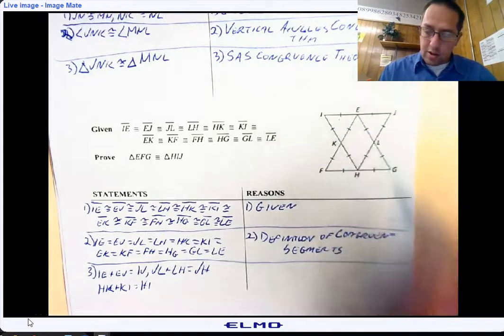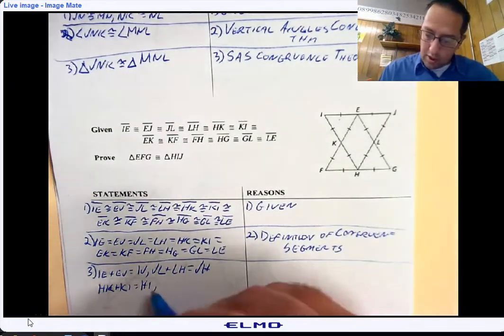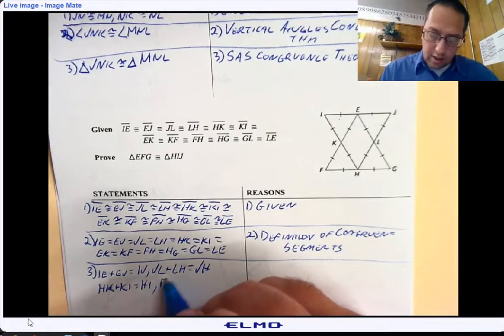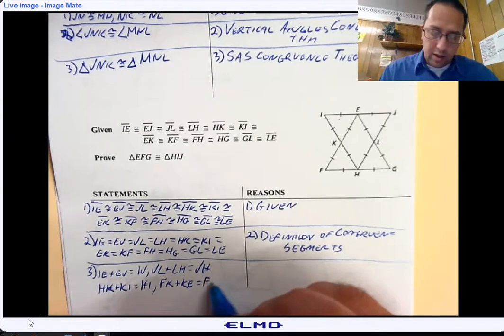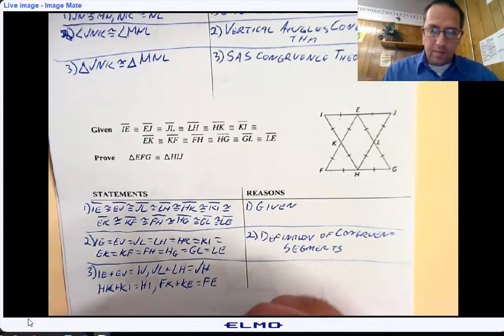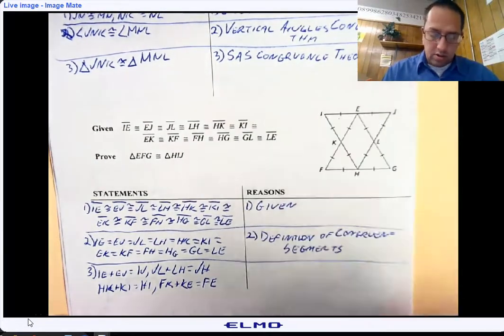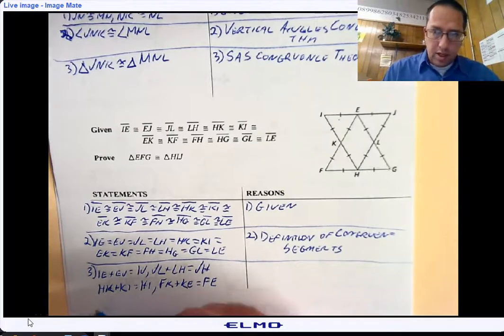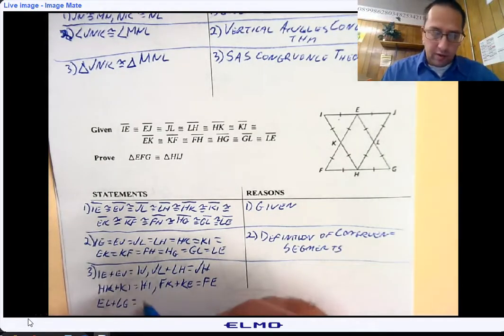Now let's do the other triangle. We'll start with FE. So that would be the length of FK plus the length of KE equals the length of FE. And then we need EG. We'll just go around this way. So that would be EL plus LG equals the length of EG.